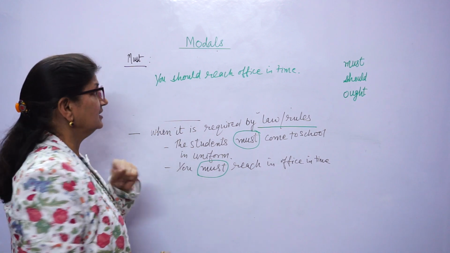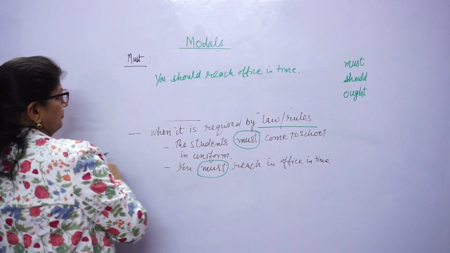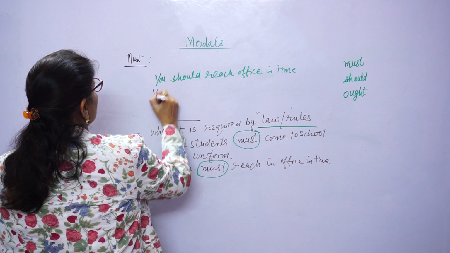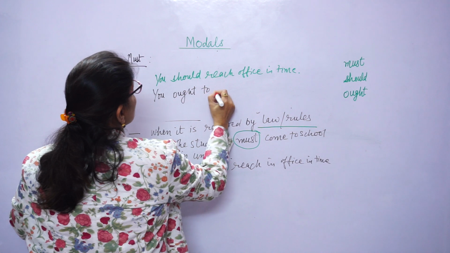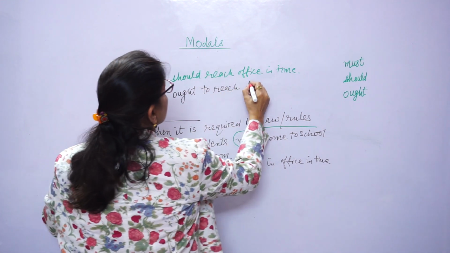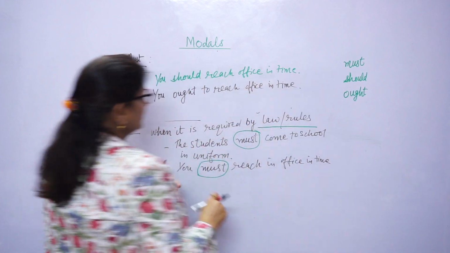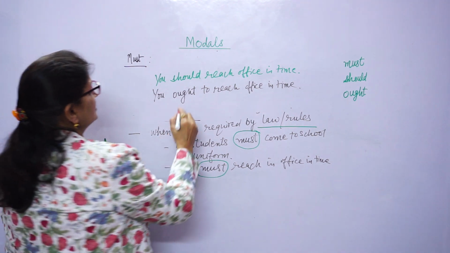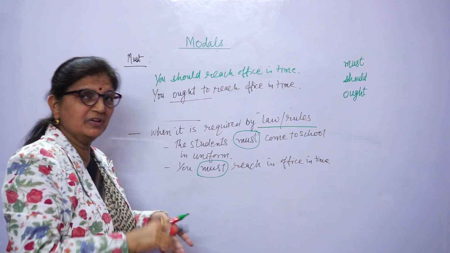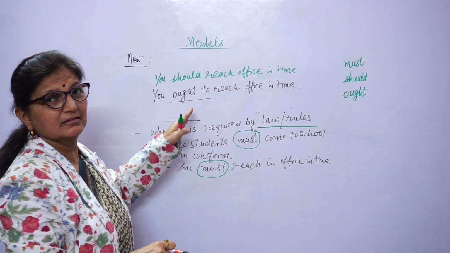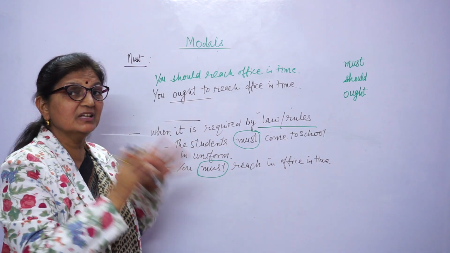Here I compare with this one more modal you can use, that is ought. If you say you ought to reach office in time, then what's the minor difference there? Ought here is when you want to put more emphasis, it is emphatic. दोनों से ज्यादा, मस्ट से और शुड से ought ज्यादा emphasis शो करता है.